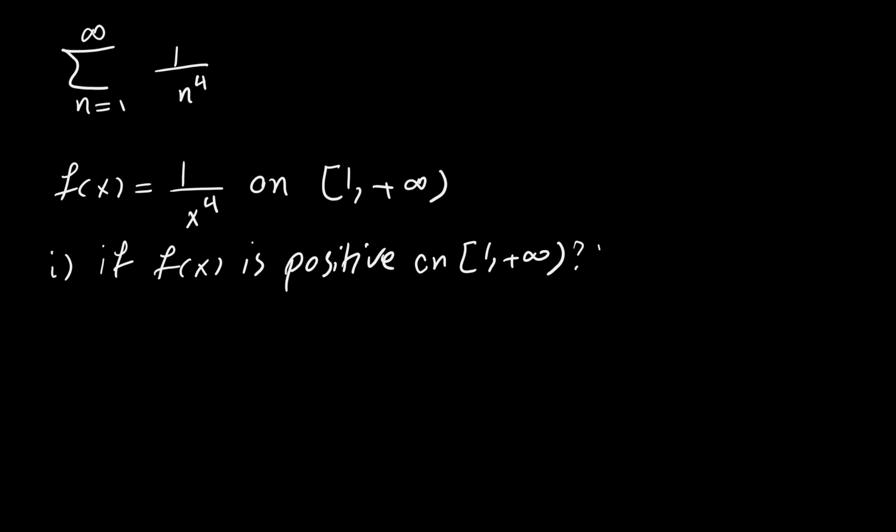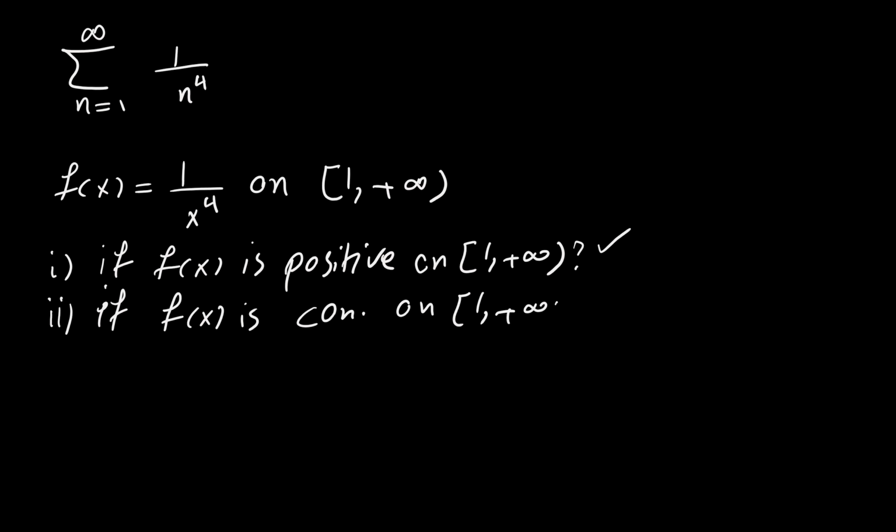And then we need to check if the function f of x is continuous on the interval from 1 to positive infinity. We know that the function 1 over x to power 4 is not continuous everywhere because the domain is all real numbers except 0, but it is continuous from 1 to positive infinity because this interval does not include 0.